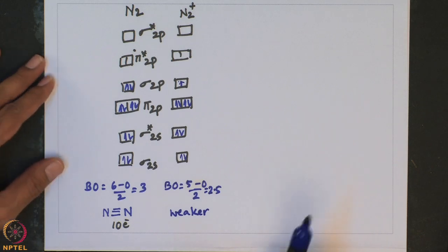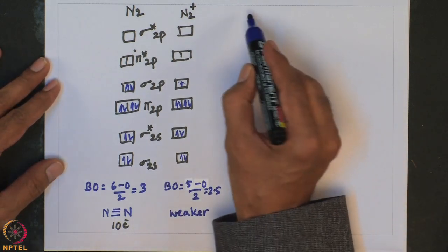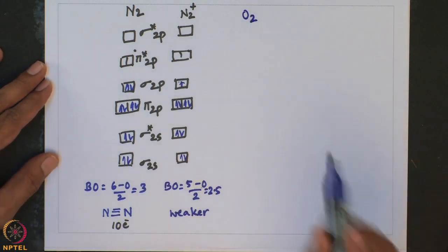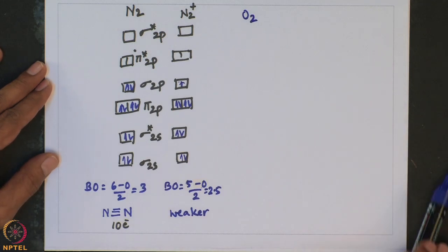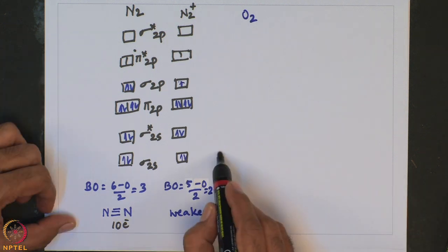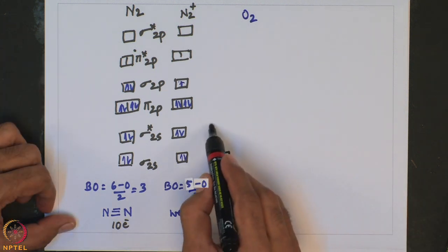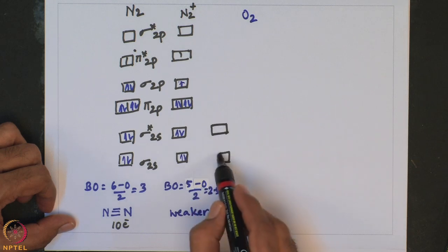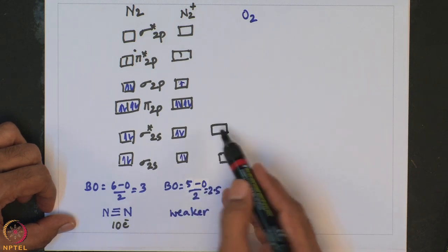Similarly, I can write for O2 here, and for O2 you should notice the difference. This is essentially the same, and next we have these two same, 1s2, 2s2.